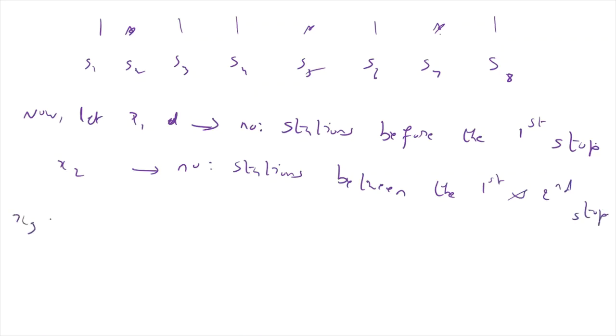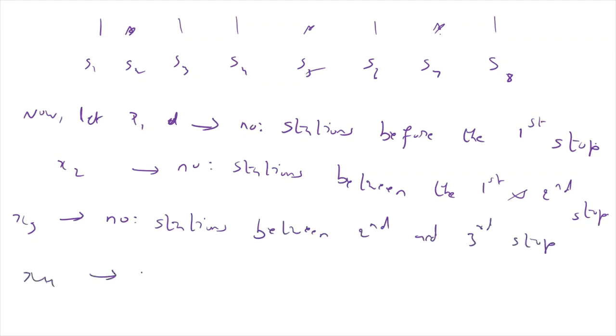And x3 stands for the number of stations between the second and third stop. And x4 stands for the number of stations after the third stop. So if you observe here, x1 plus x2 plus x3 plus x4 is going to be 5.